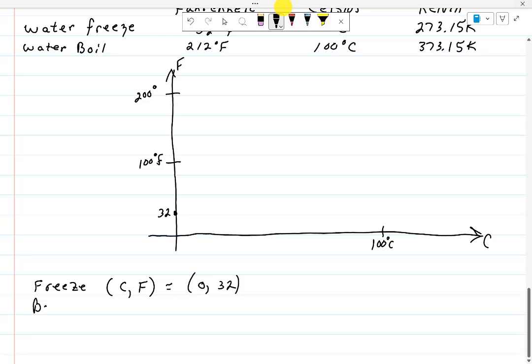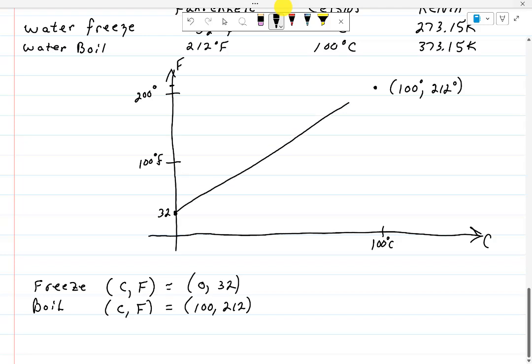According to boiling, if I look at the Celsius versus Fahrenheit, at boiling, Celsius is 100, but Fahrenheit is 212. So what you do here is try to find 212 on the y-axis, and then put a dot above here. So the x-axis was 100 degrees, and the y-axis is 212 degrees. And then I'm going to connect these two points with a straight line. And you can extend the line, it actually goes on forever, like so.